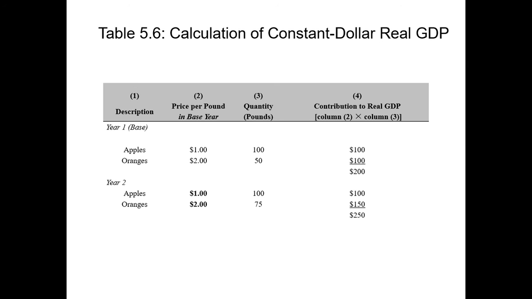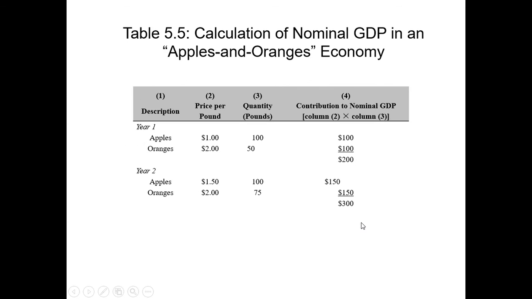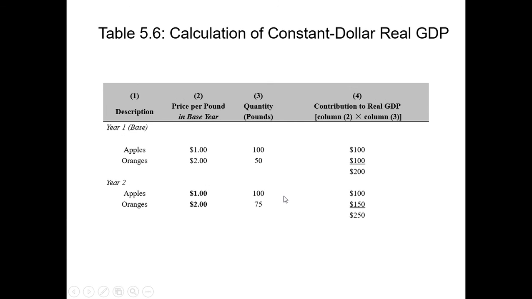Here the base year is year 1, and thereby in the first year the nominal GDP and real GDP remain the same. However, if you see, we are taking the same prices for year 2, and now the GDP is only $250 rather than $300. So the $50 change was coming because of the price change of apples, and that is something eliminated in the real GDP calculation.